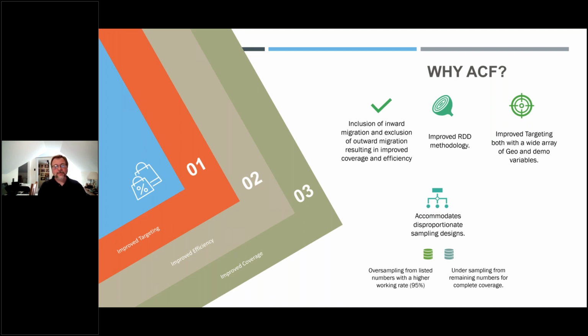Typically you would oversample the listeds a little bit more to gain efficiency without sacrificing coverage, and you would undersample your not listed component, which includes the unlisteds and the not workings. But it still provides a probability of selection for every single cell phone number in your frame, and every single cell phone number in your geographic frame has an opportunity to be selected.